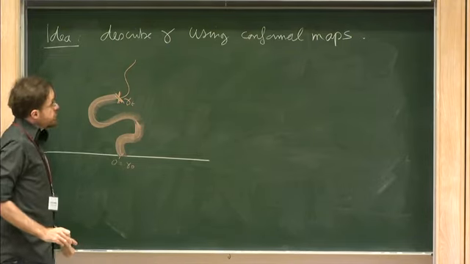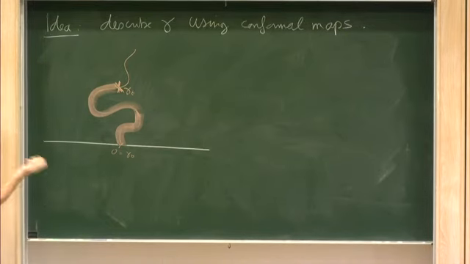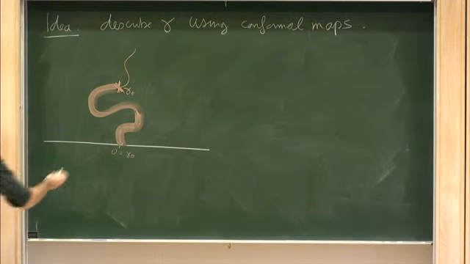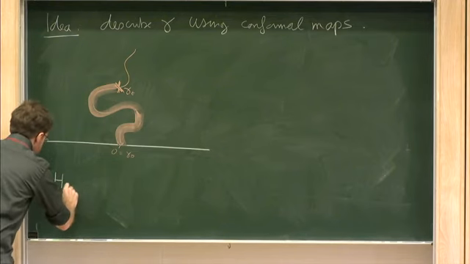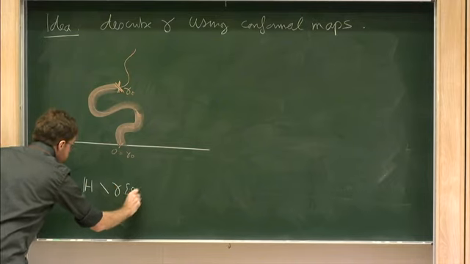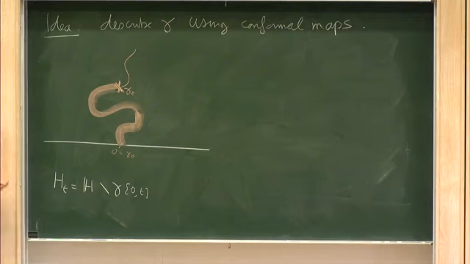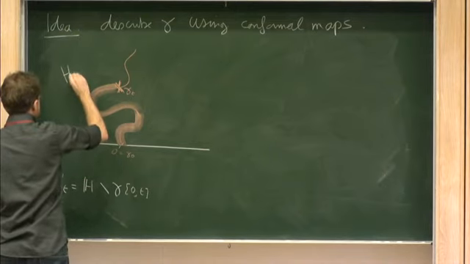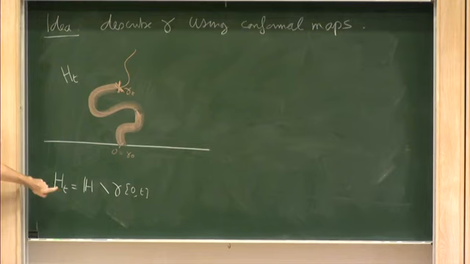So to define that using a conformal map, there is essentially only one thing you can think about. You can define Ht, which is H minus gamma between 0 and t. So it's what remains from the upper half plane when you remove the first piece of the curve. So it's here. And Ht is some simply connected domain.